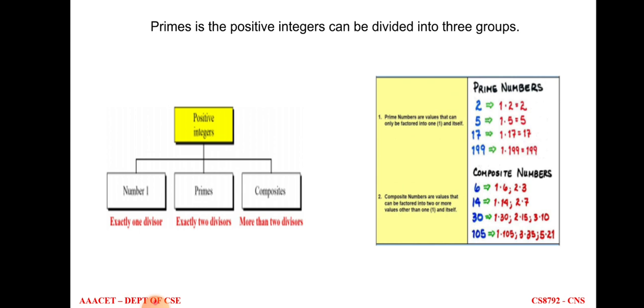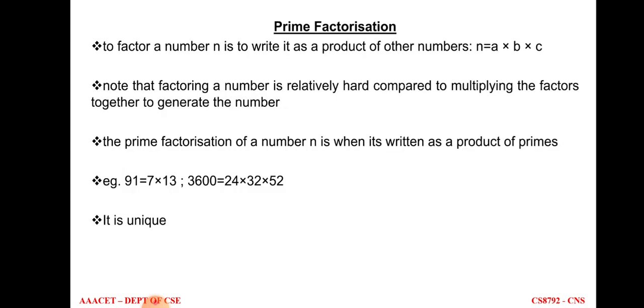So the number having exactly 2 divisors is called a prime number. A number having more than 2 divisors is called a composite number. So usually an integer can be of 3 types: the number 1, a prime number, or a composite number.